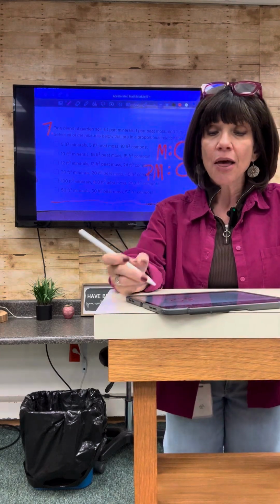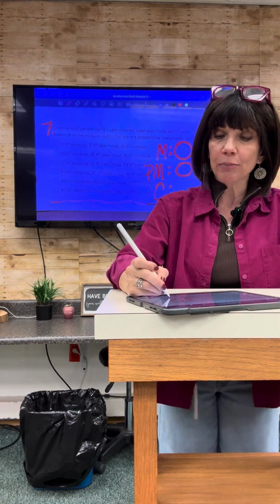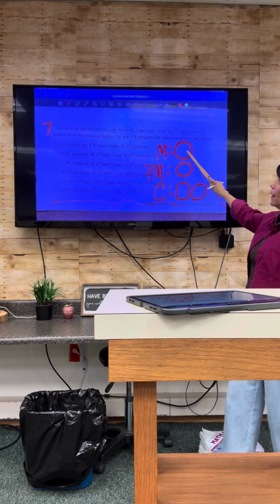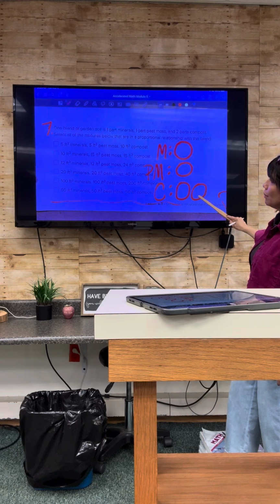Then there is a third ingredient, compost, and it has 2 parts. So how many red counters would I like you to place there? 2. So 1 part minerals, 1 part peat moss, 2 parts compost.